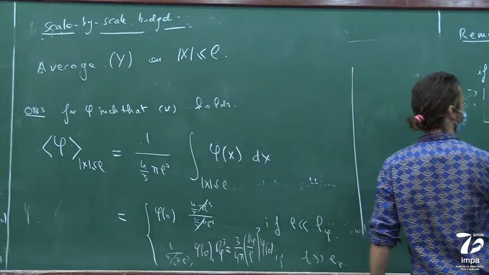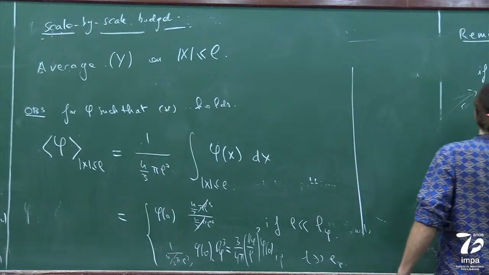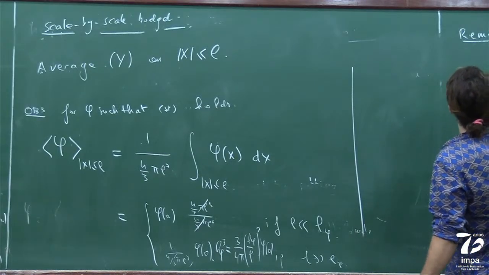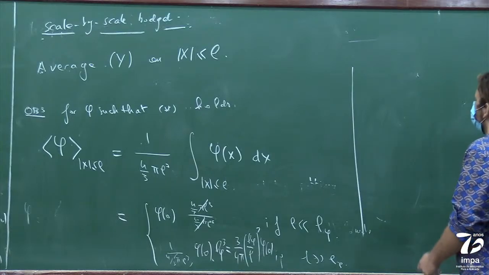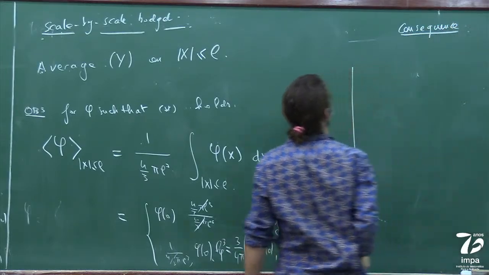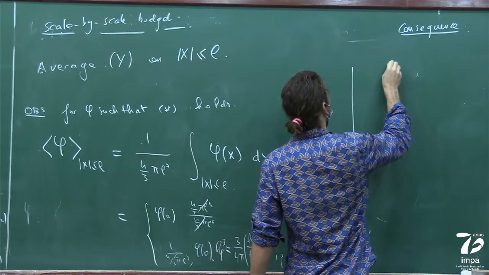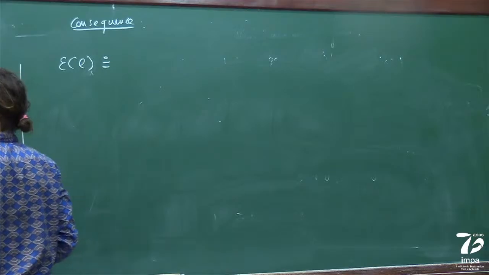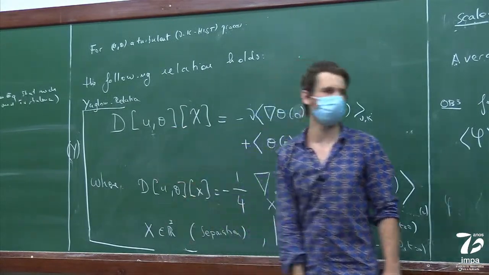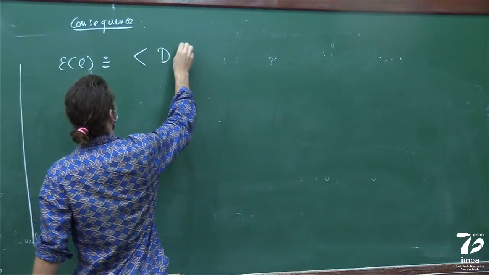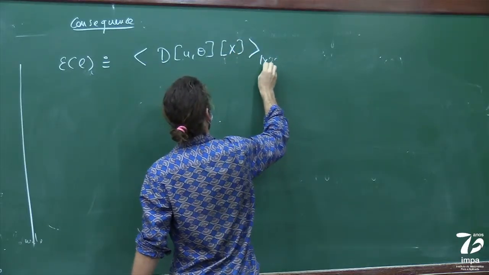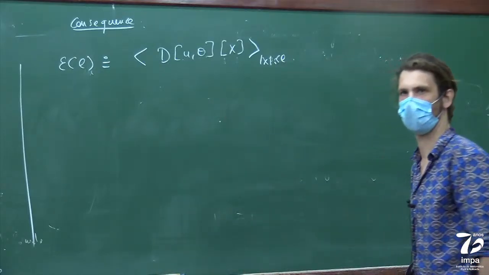And so the consequence. Let us write epsilon L is equal to this guy, the average over the scale.